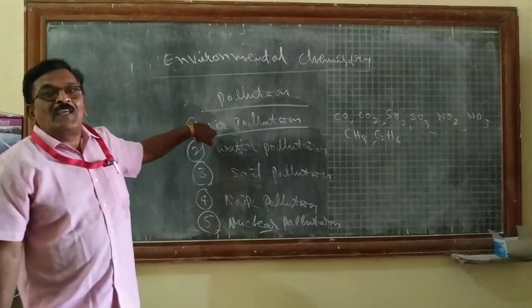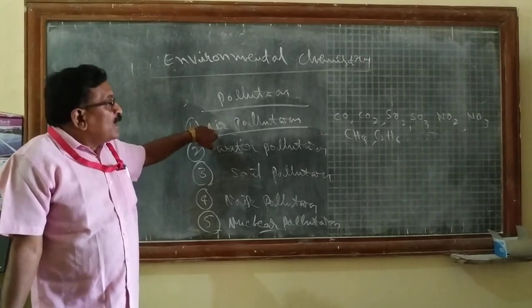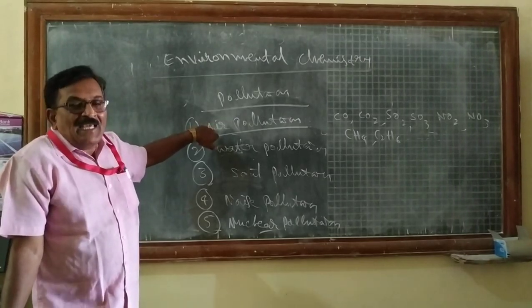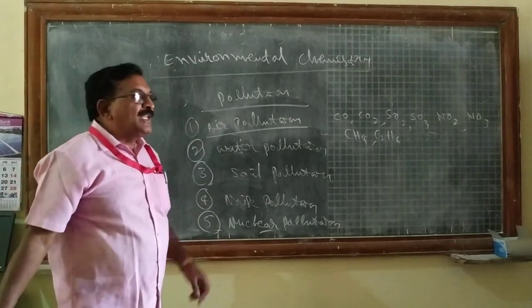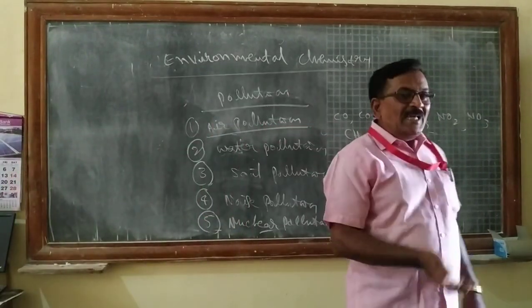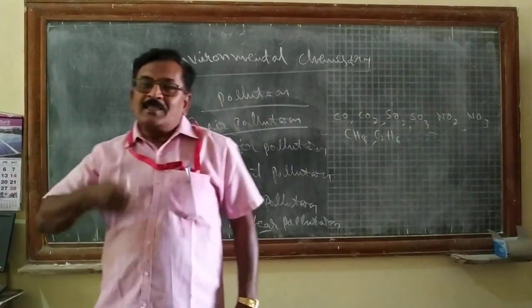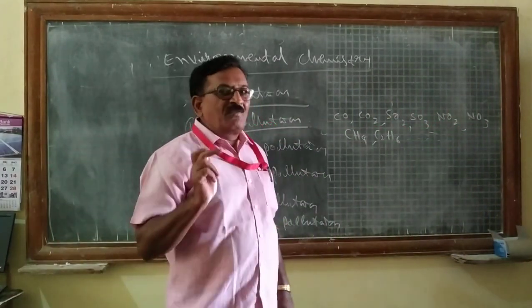Carbon monoxide completely pollutes the air and causes bronchitis in the human system. If you breathe this air, human beings will suffer from bronchitis or respiratory problems. This is the first one.